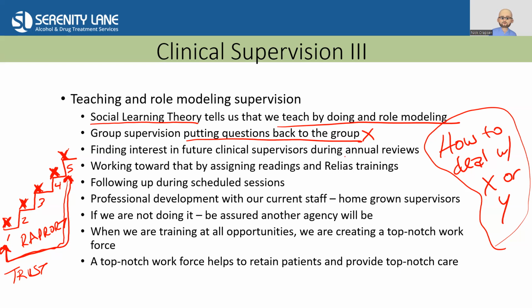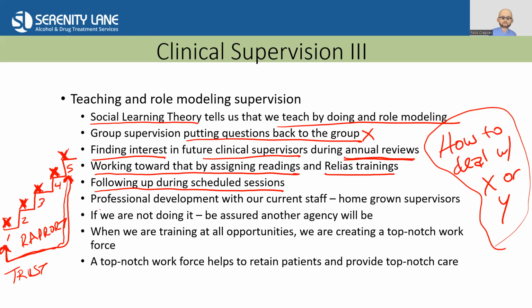During annual reviews, we're talking to folks about their goals and their future aspirations. We should be looking for interest in future clinical supervisors. And with such interest, we can be working towards that by assigning readings, tips from SAMHSA, Relias trainings, and then in subsequent clinical supervisions, follow up and find out if they took interest in that, and if they looked at those sessions and read that publication, or if they were interested in that.